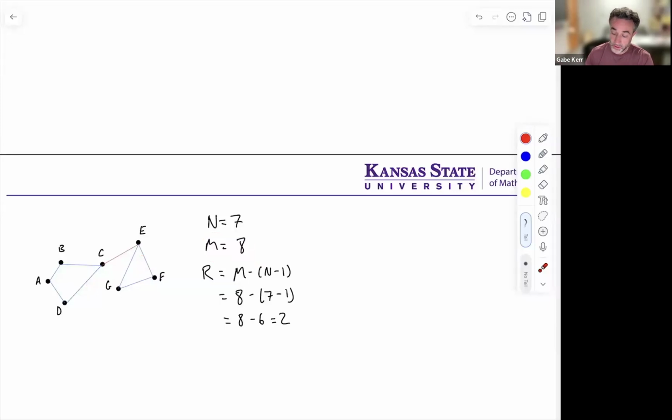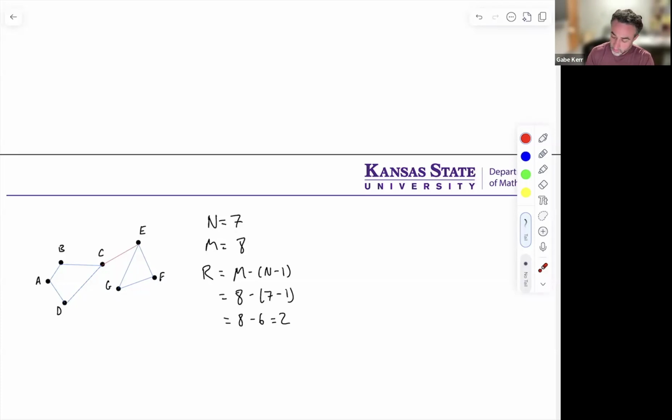You'll get 0. In other words, you will get n minus 1 edges. 7 minus 1 is 6. 8 minus 2 is 6. You will get exactly the n minus 1 edge condition. And since removing any edge here will maintain the connectivity of your network, you will have a connected graph with n minus 1 edges, which means it's a tree.